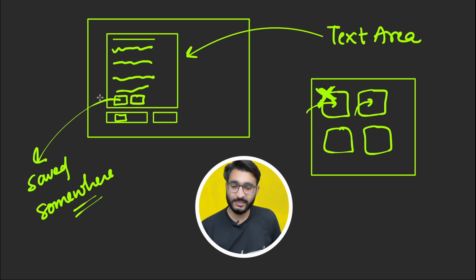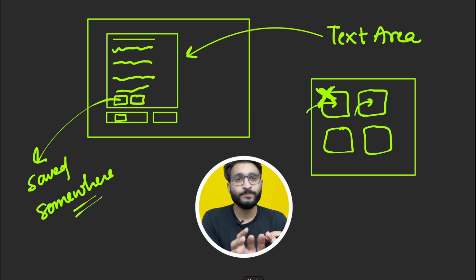So the system is saving it somewhere, and wherever it is getting saved, the system will fetch the URL from there, right? It is already saved. The system will fetch the URL and attach this URL to your request body, the request body that is being formed, right?